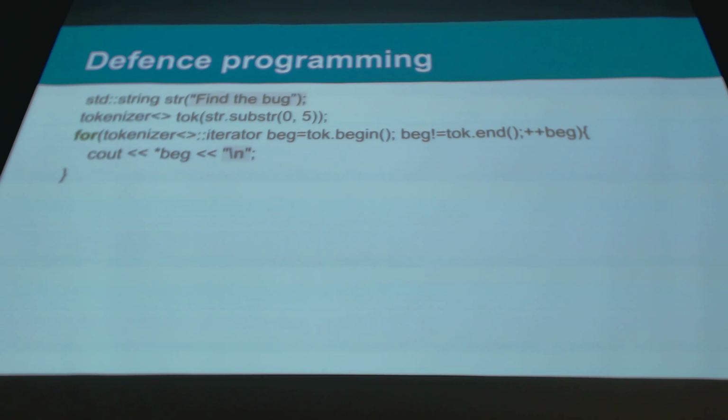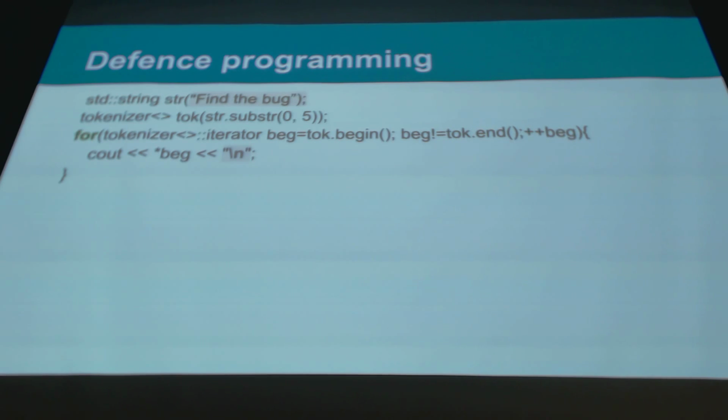So this code looks perfect, right? We're constructing a substring there. We are moving it. We don't have to write move because it's a temporary, and it looks very nice. When we compile it and run it, it may work or it may not work, because the tokenizer stores the string inside by reference, because it does the whole token computation lazily.